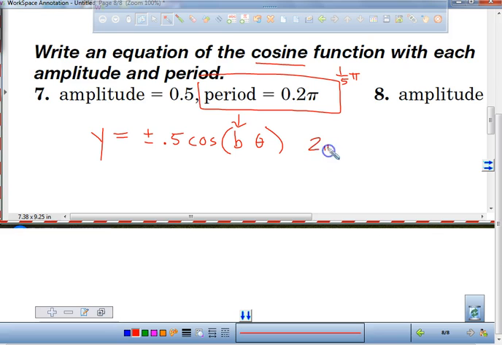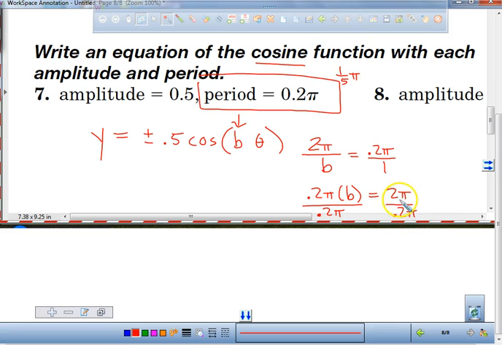Our formula is 2 pi over b is equal to the period. Well, what is our period equal to? 0.2 pi over 1. Now, I didn't use 0.2 pi over 1, I used pi over 5, but we'll use 0.2 to help you out. So we're going to cross multiply, which is 0.2 pi times my value for b is equal to 2 pi. I noticed quite a few people divided both sides by 0.2 pi, or 2/10.